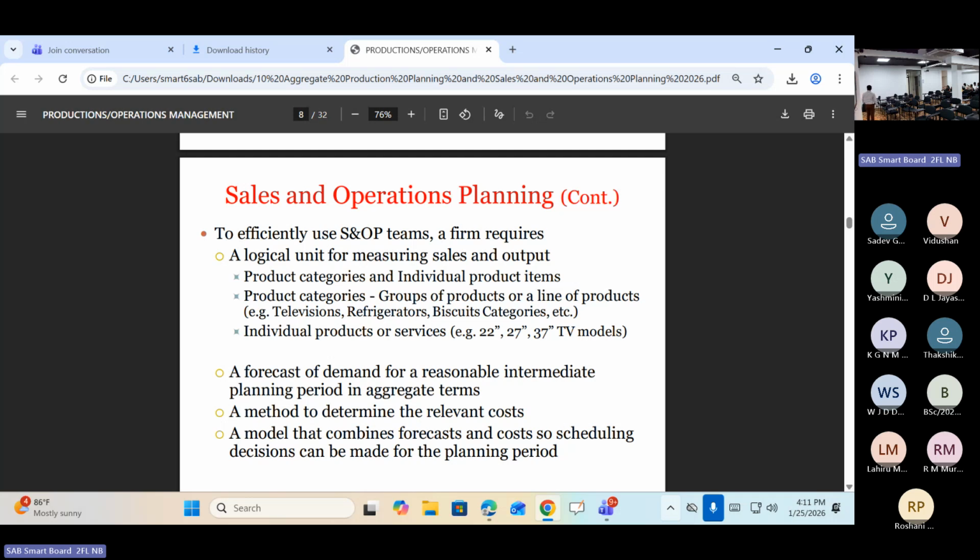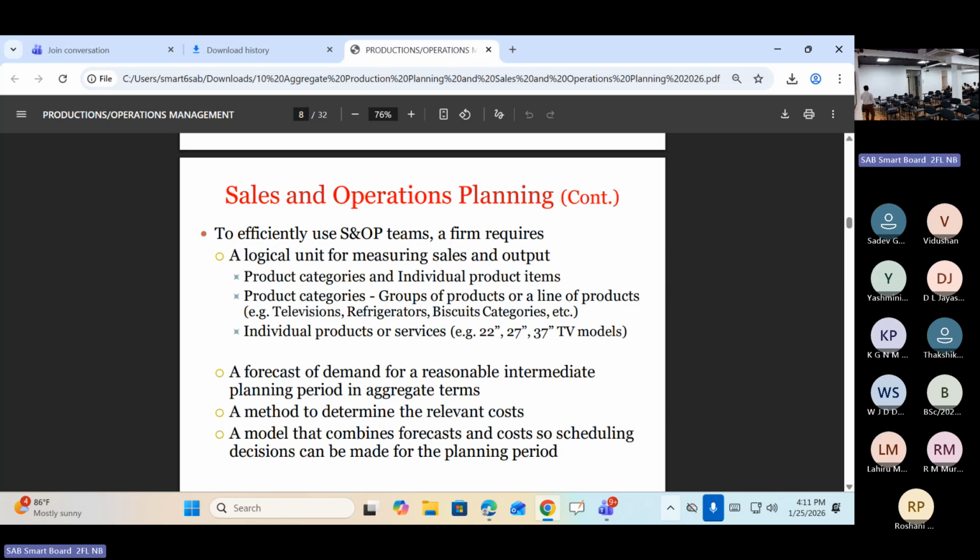In addition to that, we need to have accurate forecasted demand for a reasonable period, maybe 6 months, 9 months, at least 12 months. And then a method to determine the relevant cost, because together with the production plan, we have to consider the production cost as well. I will introduce the relevant cost a little later, but we need to have the cost details.